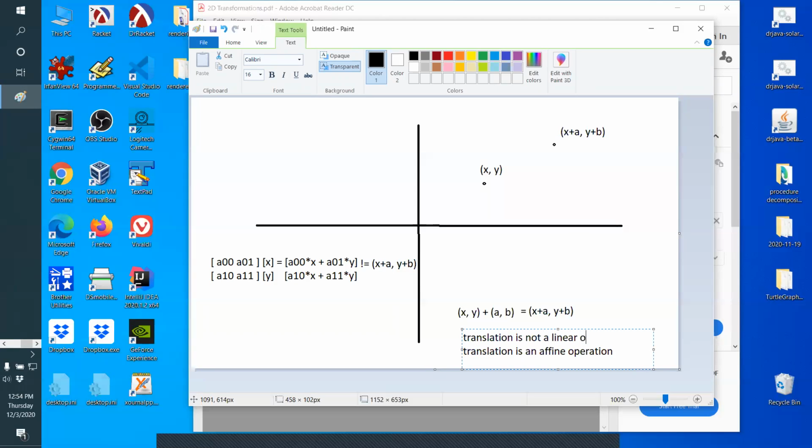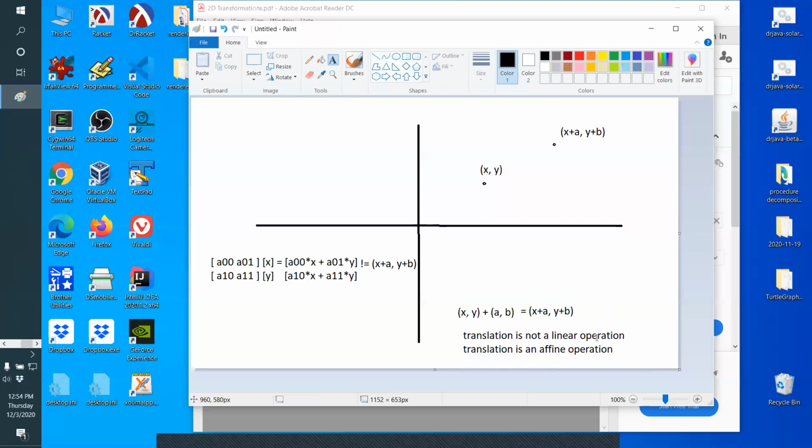Linear operation means there's a matrix for it. Affine means something else. But we can turn it into a linear operation. So translation is not linear. There's no matrix for it, but instead it's something called affine.